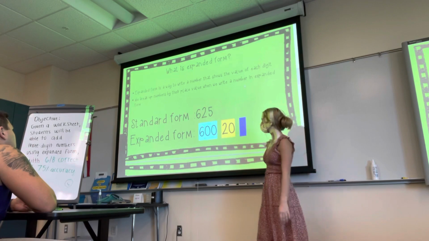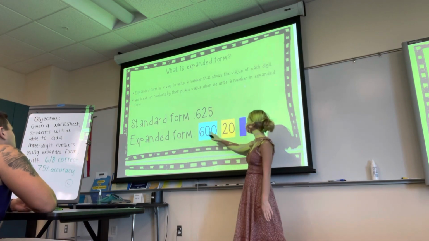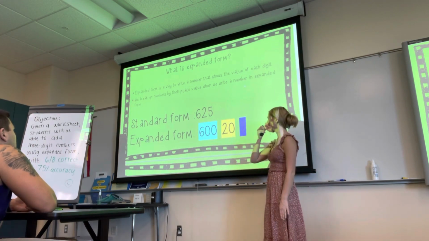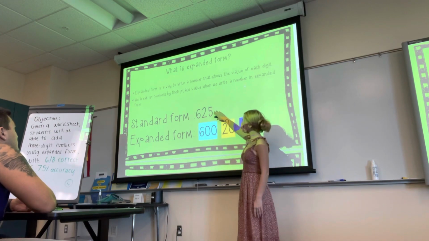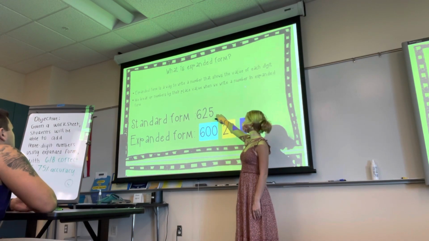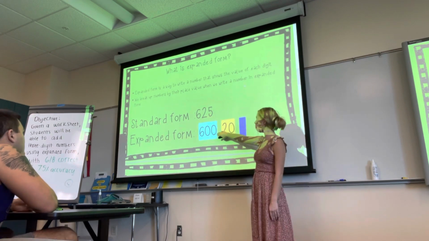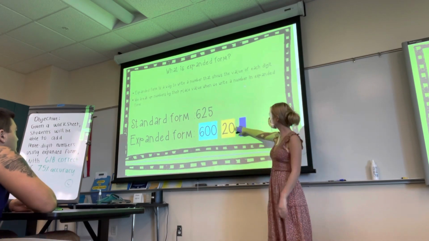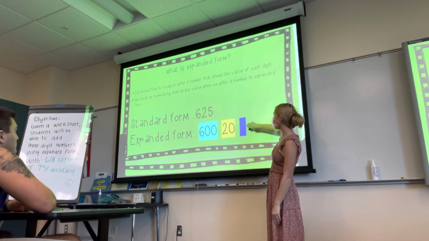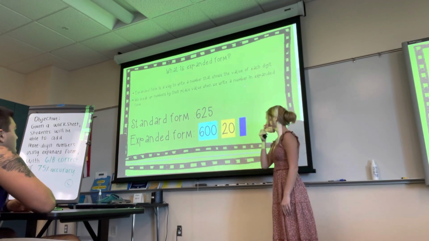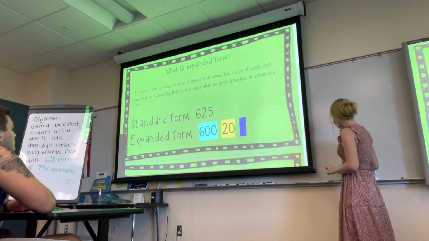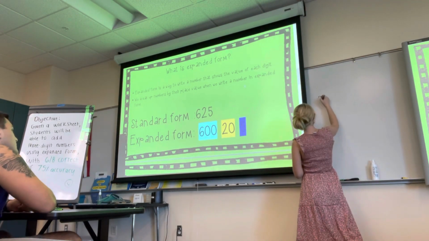When we break numbers down into expanded form, we break them down by their place value. So for example, we have 625 in standard form. If we break it down into its place values, we have 600 for the hundreds, 20 for the tens, and 5 for the ones.